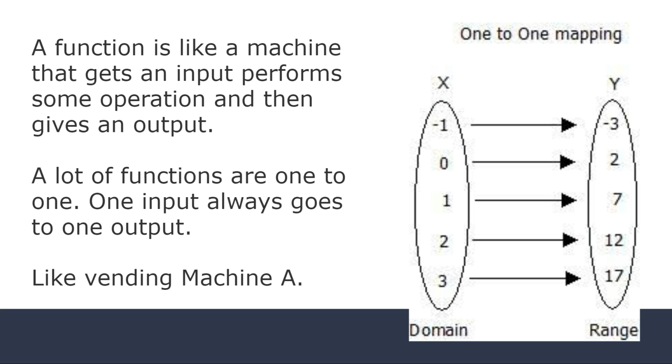So this is the idea of if you put in one thing, you always get out one expected thing. Like what happened with vending machine A. So this mapping diagram actually shows a function that's one-to-one because each x value on the left only is drawn and connected to one y value on the right. So it's called 1 going to 1.